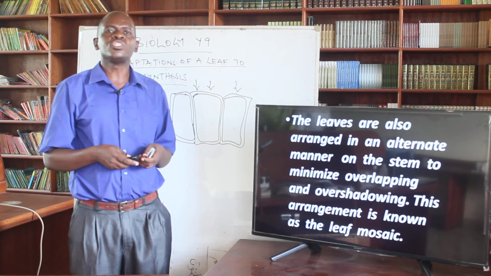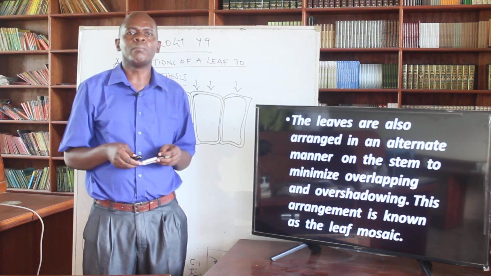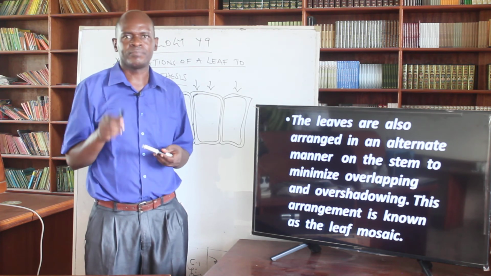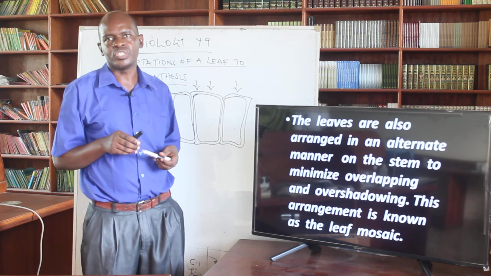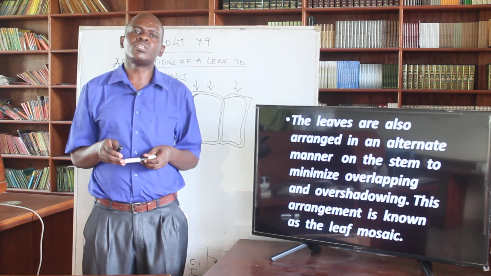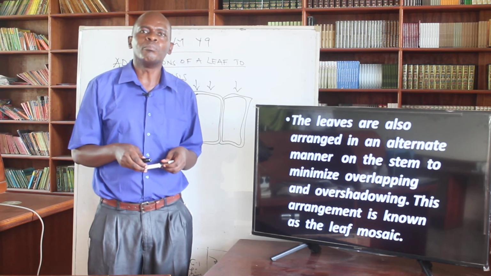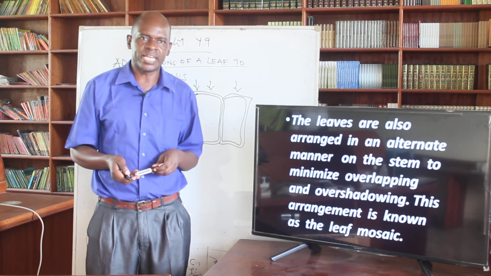Now, when there is no overlapping and overshadowing, it means that there is going to be maximum absorption of sunlight by each particular leaf. Every single leaf will have a chance to absorb the sunlight energy. This alternate arrangement of the leaves is in biology known as leaf mosaic. We refer to it as leaf mosaic.